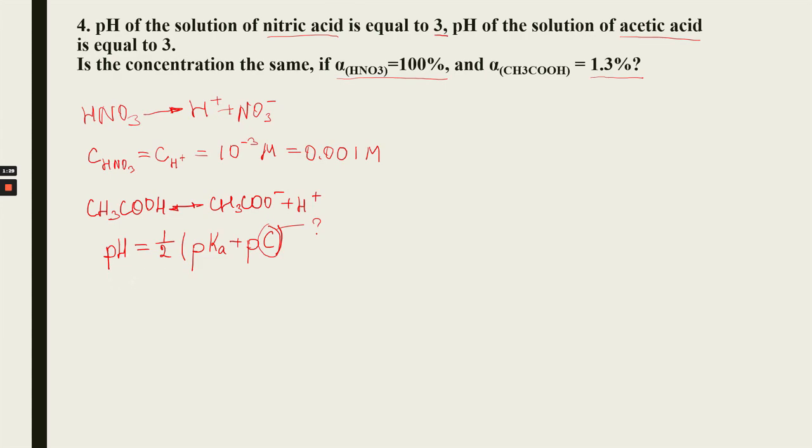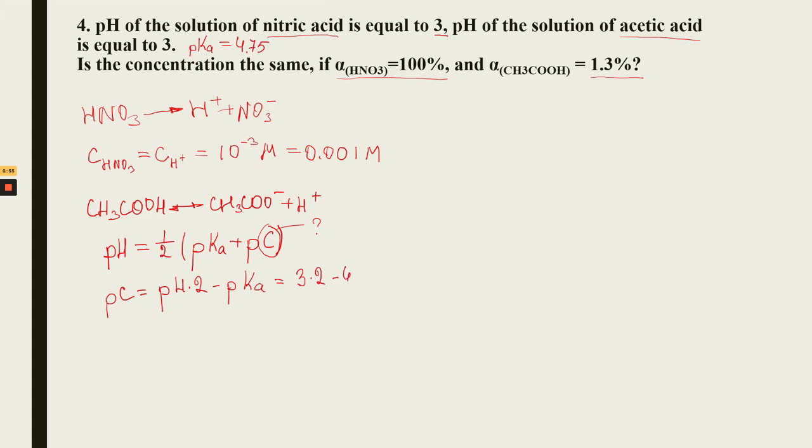So let's transform the formula. pC will be pH multiplied by 2 minus pKa. So pH is 3 multiplied by 2. pKa is not given, but I will tell you from the reference book it will be 4.75.